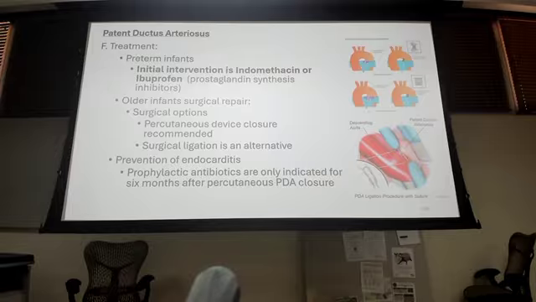But if you have an older infant or maybe an adolescent or adult that you're diagnosing this in, then you're going to have to do a surgery to go in and remove this, or you can do an embolization where you're shooting coils via catheters into this area, and then it clots off and blocks flow.